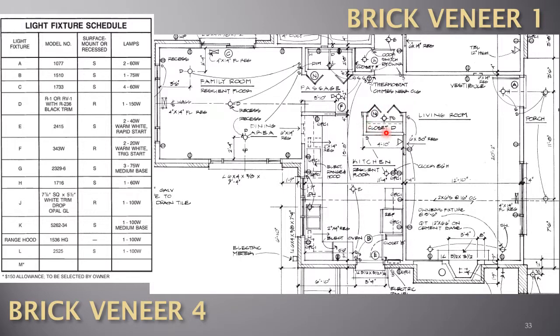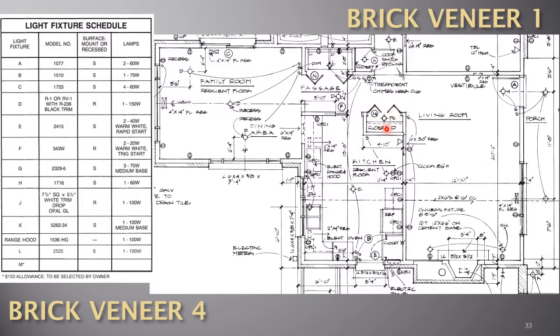Notice in closet D, there seems to be a light that says PS. Not listed here, but I would suggest that it being a closet, it means pull switch. And we're simply looking at a porcelain socket.